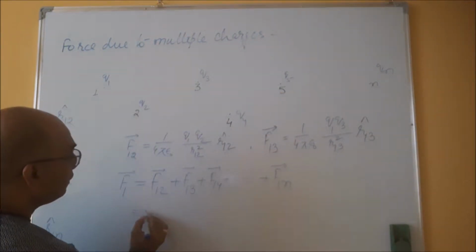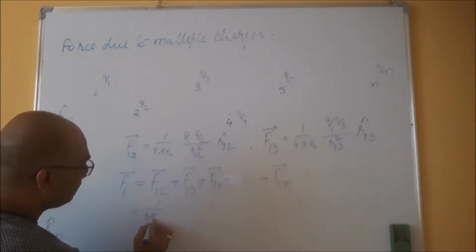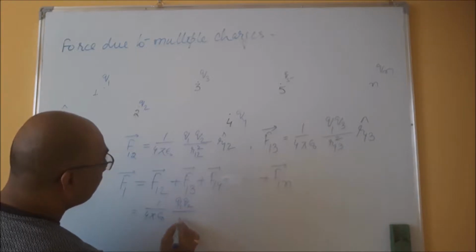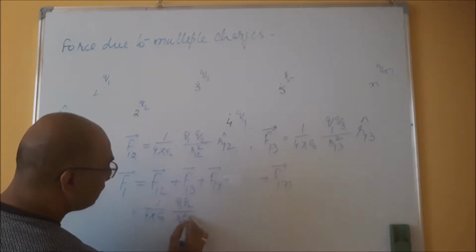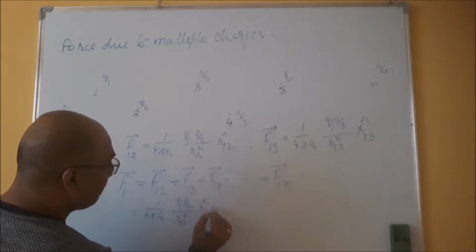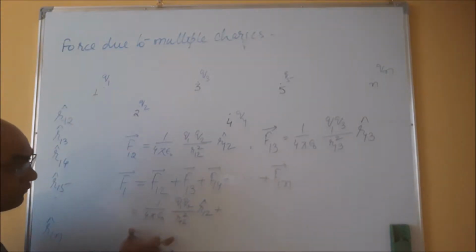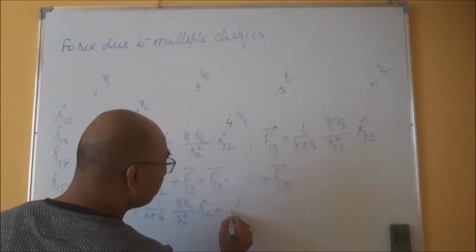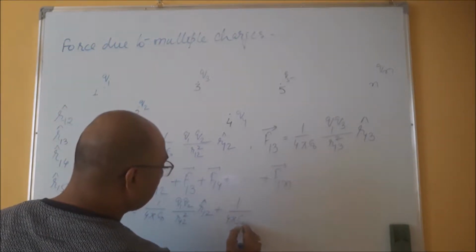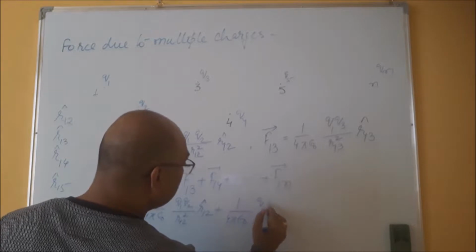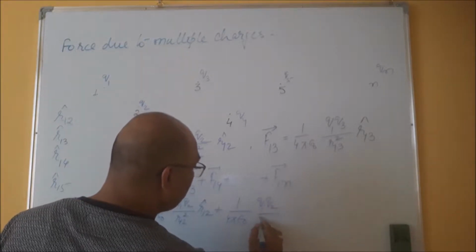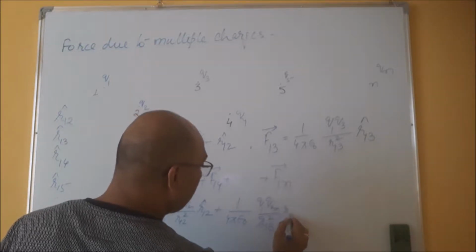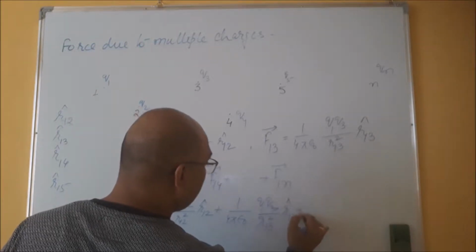I simply write 1 upon 4 pi epsilon naught, q1 q2 upon r12 square r12 cap, plus this is the whole value of f12. For f13, the value is 1 upon 4 pi epsilon naught, q1 q3 upon r13 square r13 cap, and so on.